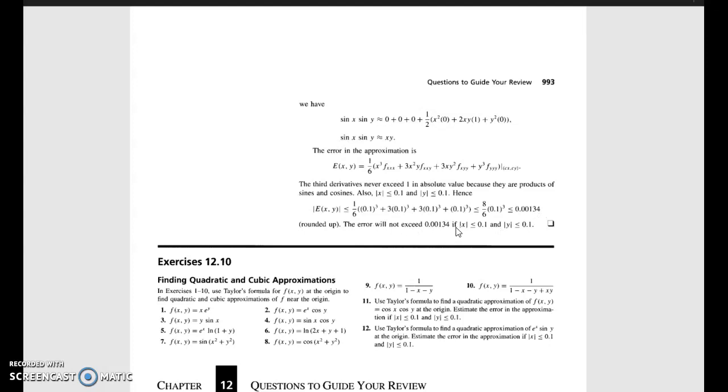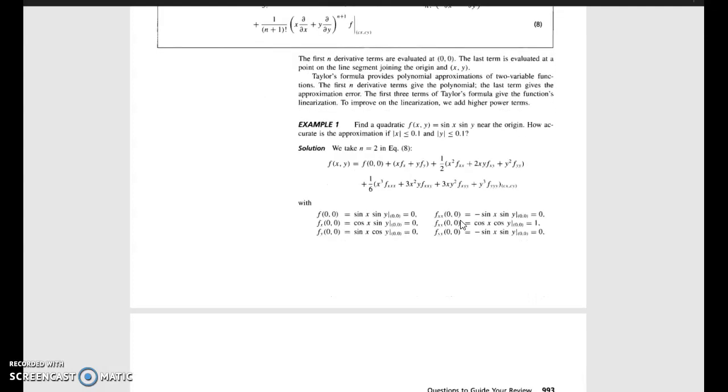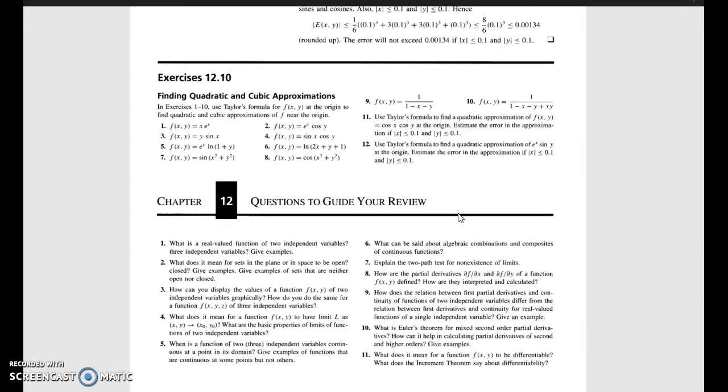The error will not exceed 0.00134. This is the answer for the Taylor's approximation for the function f of x, y at the point (0, 0). This is a quadratic approximation.